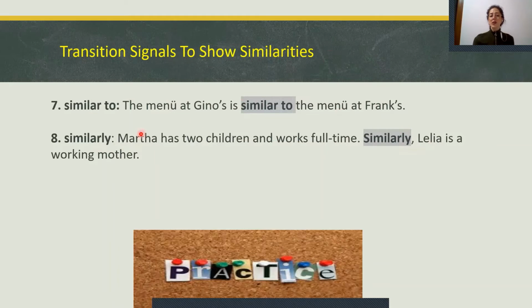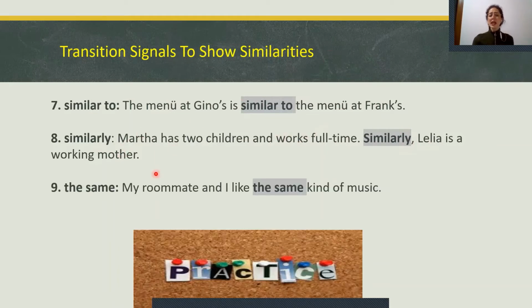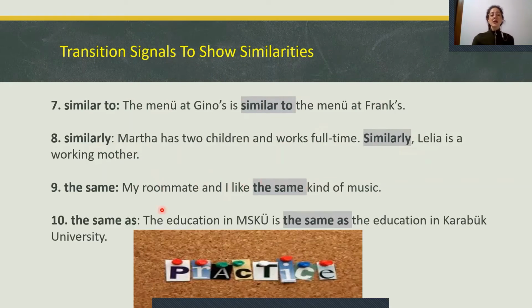Similarly, Leila is a working mother. So they are similar. The same: my roommate and I like the same kind of music, exactly the same. The same as: the education in Miski is the same as the education in Karabük University. Of course, you can't memorize all of them at once, but you can choose three or four of these transition signals to use in your future compare and contrast essays.